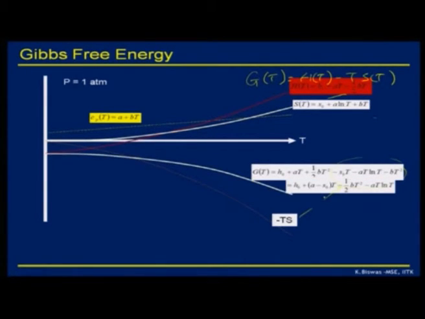This is the curve, this is G. So you can clearly see that I can get a graphical representation of G as a function of temperature at a constant pressure. We will also vary pressure, but that I will show you later, not now.